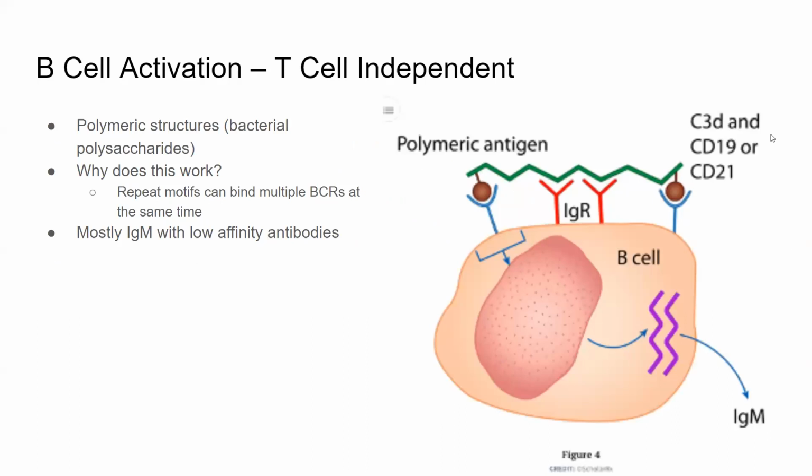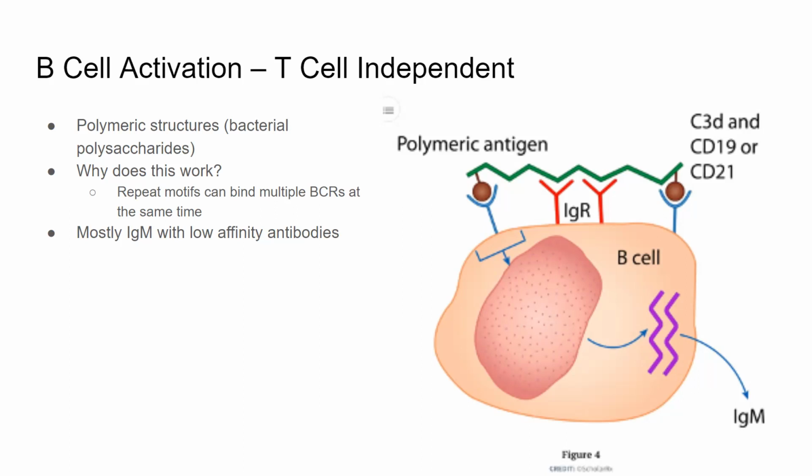Okay, and then B cell activation can be T cell independent or T cell dependent. I would say that this is important to know. The T cell independent pathway is just polysaccharides, so bacterial polysaccharides. The way that it works is the polysaccharides are polymeric and long enough that they can cross-link multiple receptors on the B cell, which allows it to overcome the need for the secondary signal from T cells.